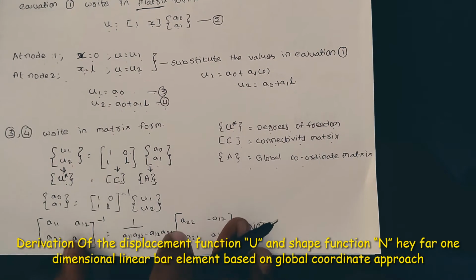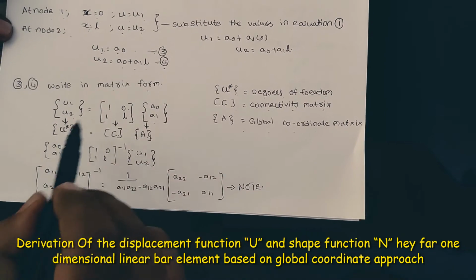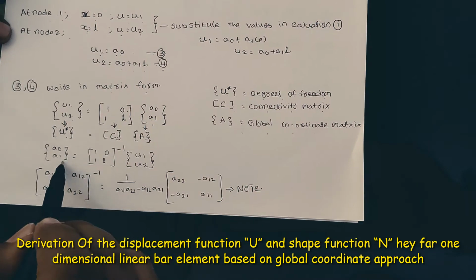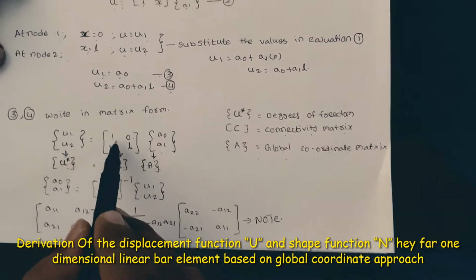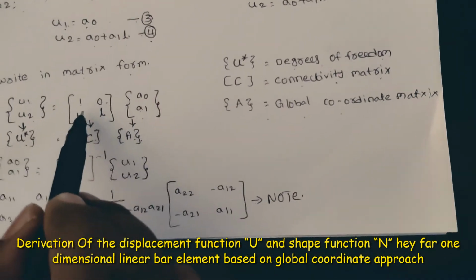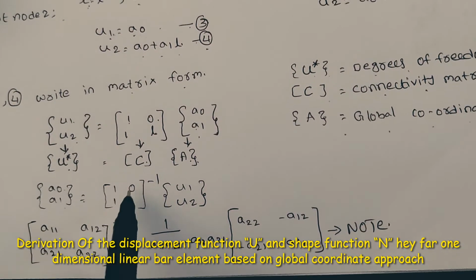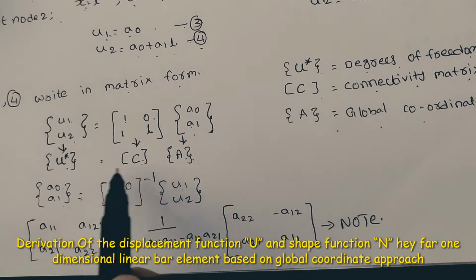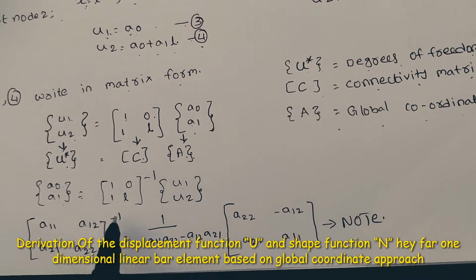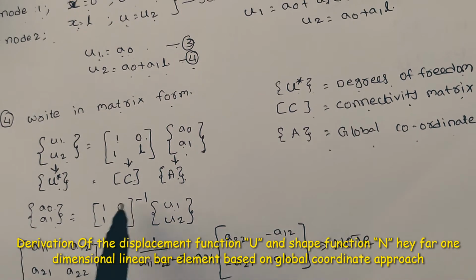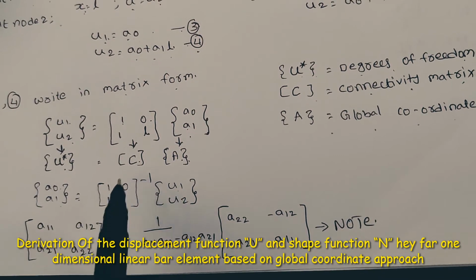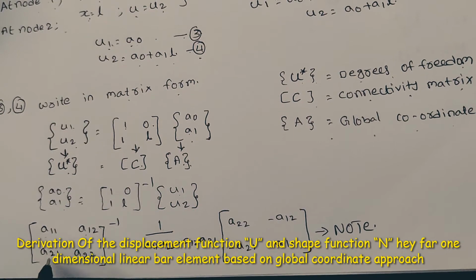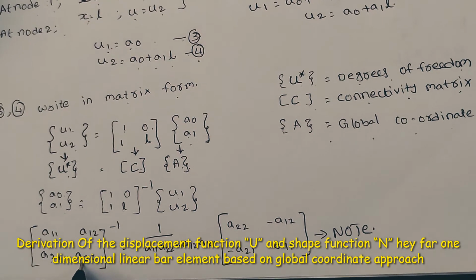In this matrix equation I want to know the a0 and a1 values. So a0 a1 is equal to, taking this matrix to the other side, 1 0 1 L whole to the power of -1 times u1 u2. Then how do we find this value? We use this formula. Let a11, a12, a21, a22 be the entries of the matrix.